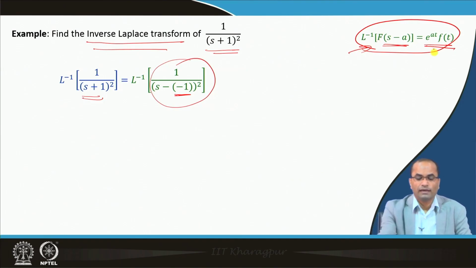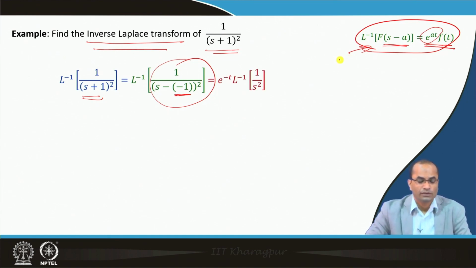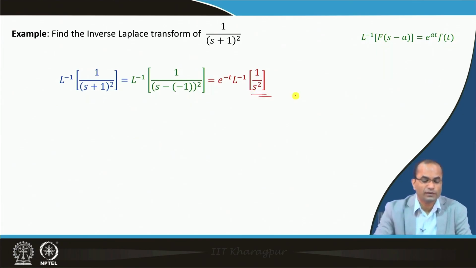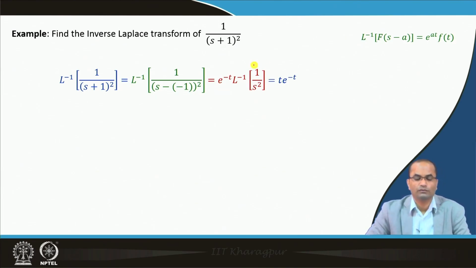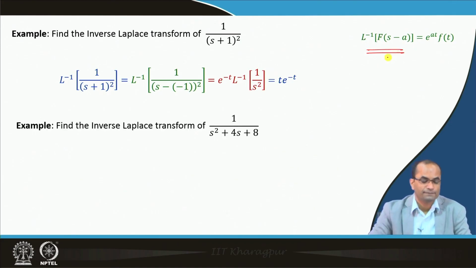So we can have the e to the power minus t outside, and then the Laplace inverse of 1 over s squared, which is t. So this is t e to the power minus t, using this first shifting property.